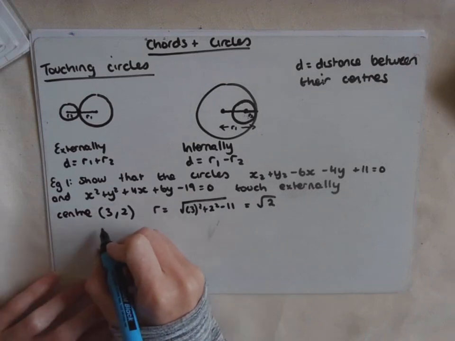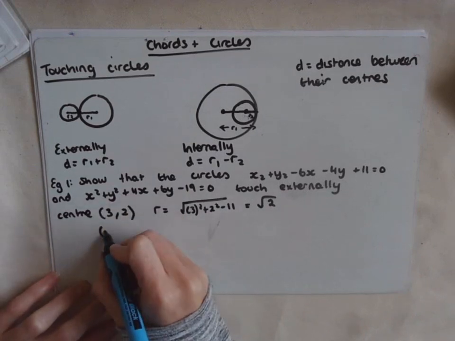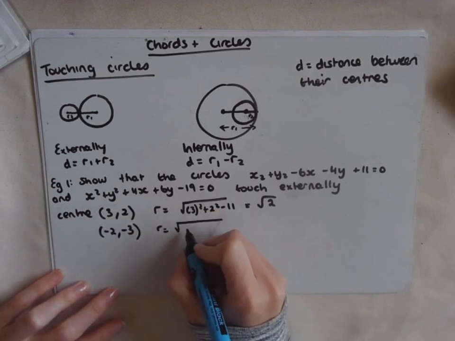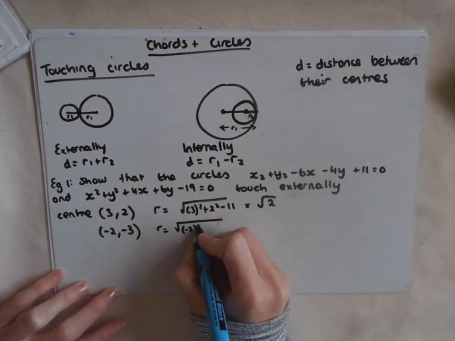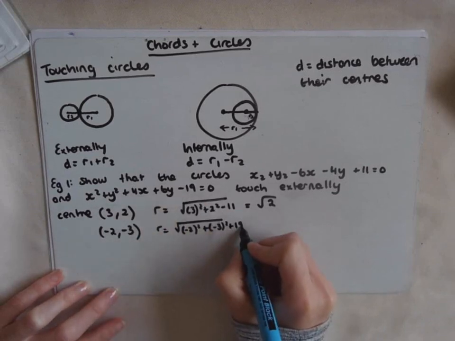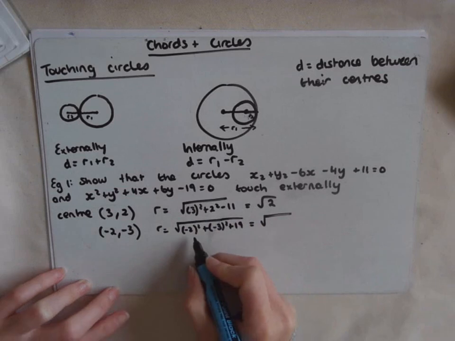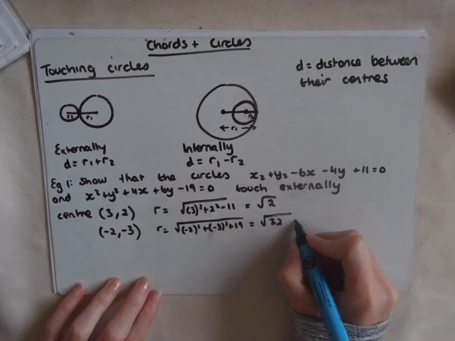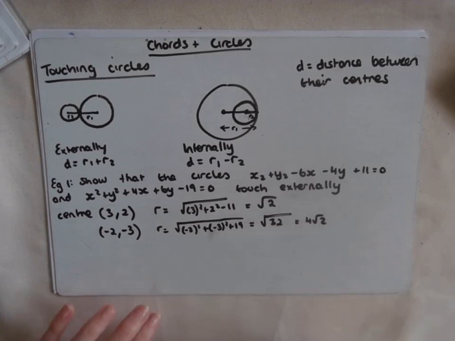Then the next center is minus half that and minus half that, and the radius is going to be minus 2 squared, minus 3 squared, and then minus c, so plus 19 here. That's 4 plus 9 plus 19, which is root 32, and if you throw that into the calculator, it's 4 root 2.